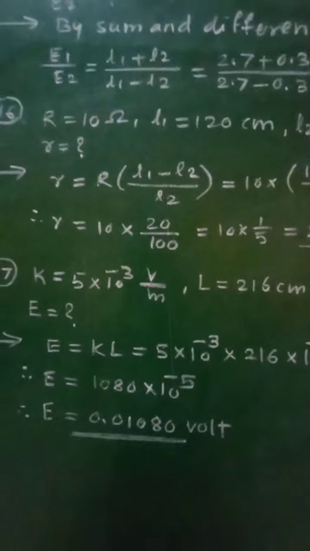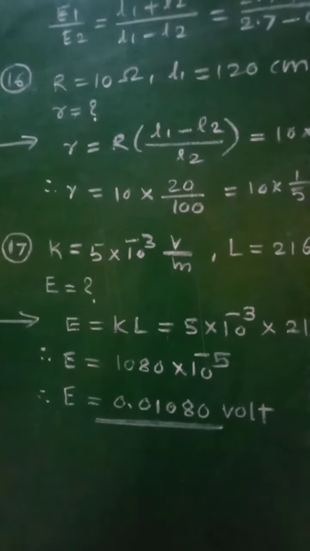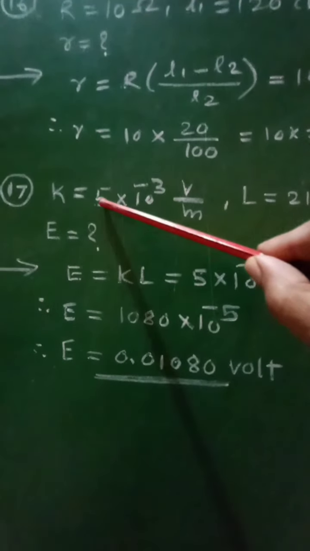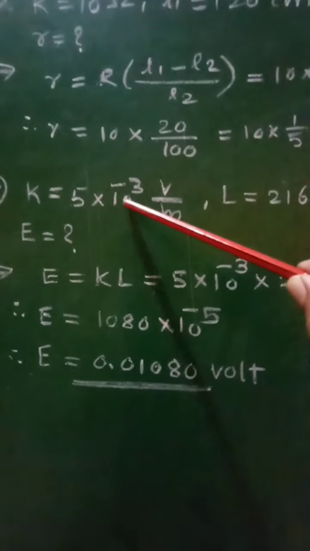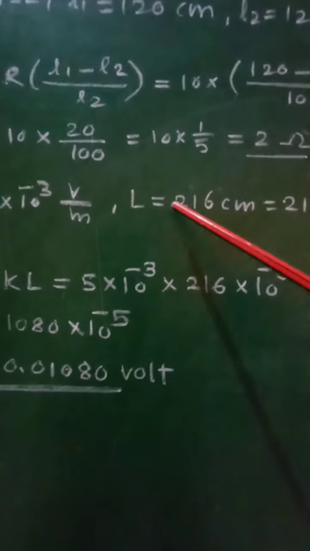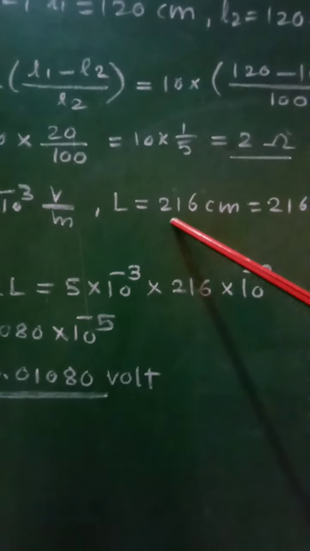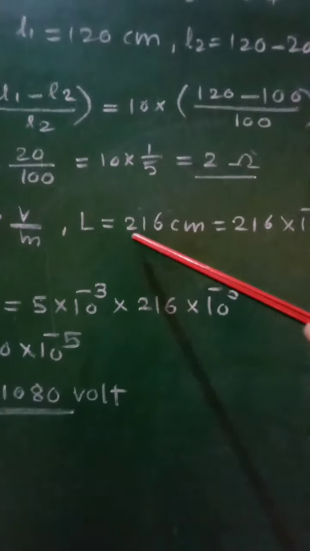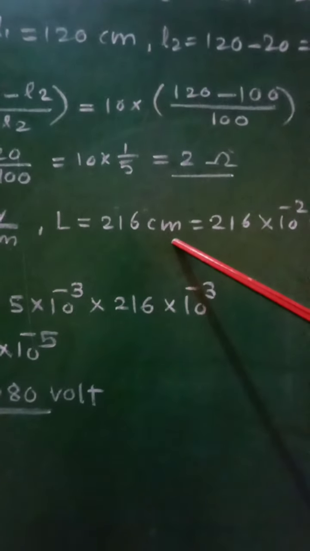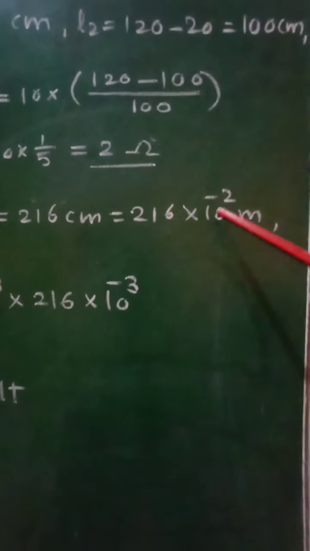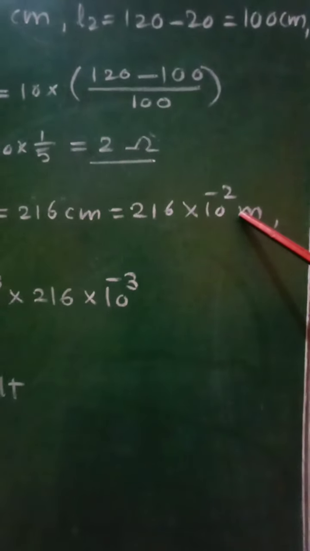And therefore, for this numerical number 17, given data is potential gradient, that is potential drop, K equal to 5 into 10 raised to minus 3 volt per meter. Then length of potentiometer wire is 216 cm, which is the balancing length. So L is equal to 216 cm, which will be written as 216 into 10 raised to minus 2 meter.